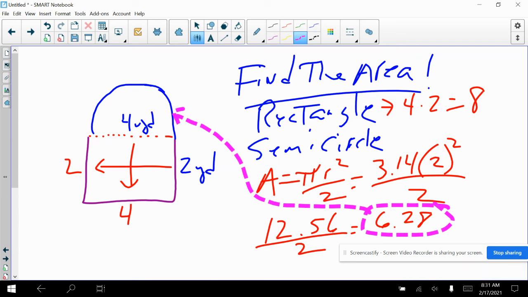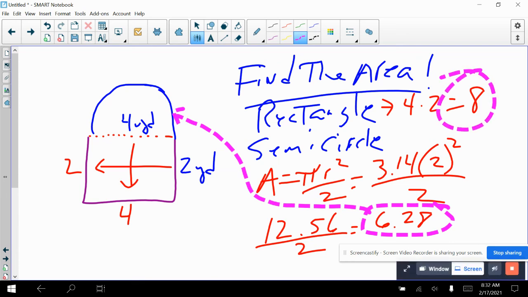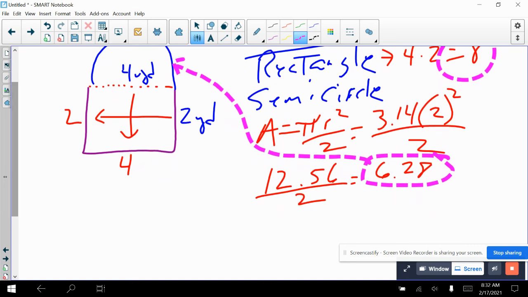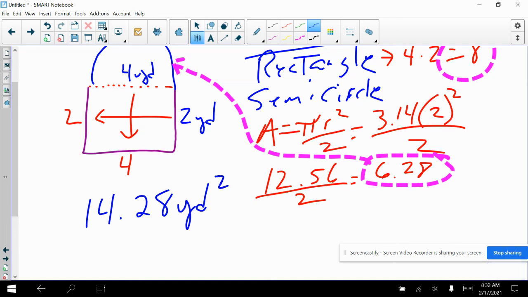What are we going to do to those two numbers? Add them up. So our final answer is, what do you got? 14.28 yards squared.